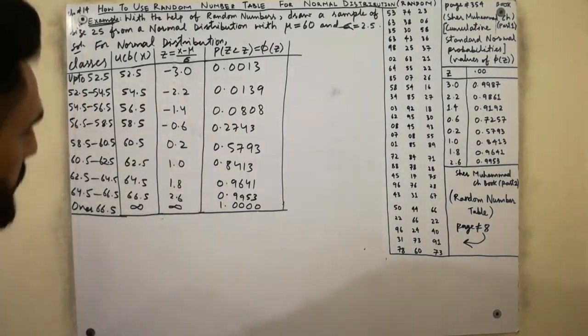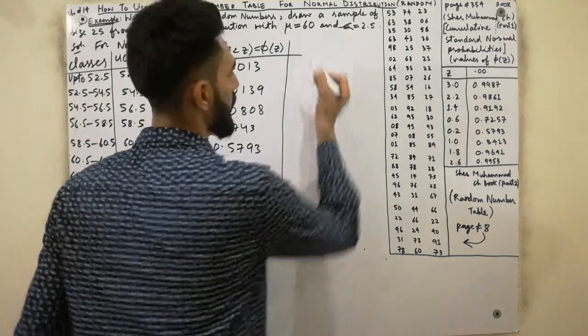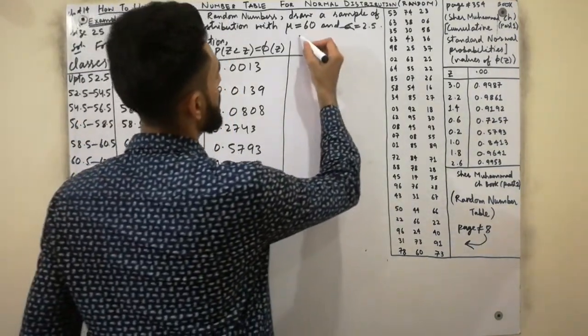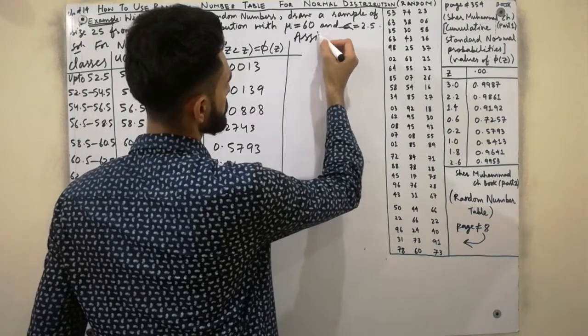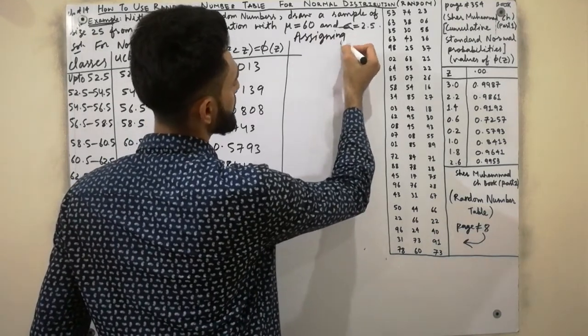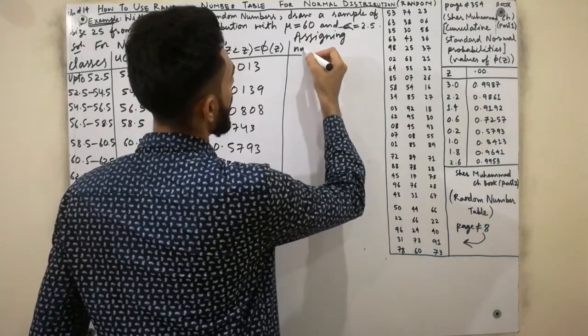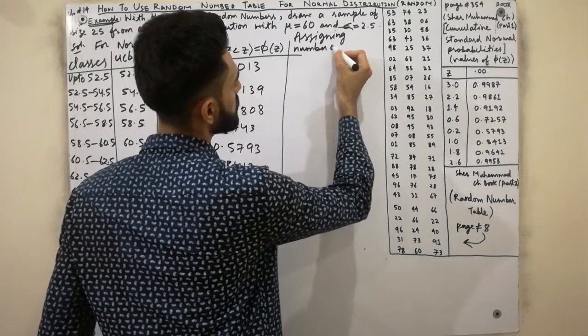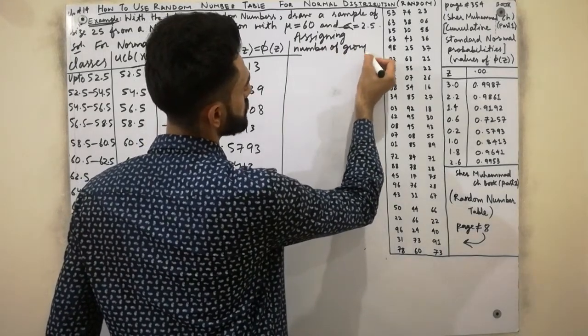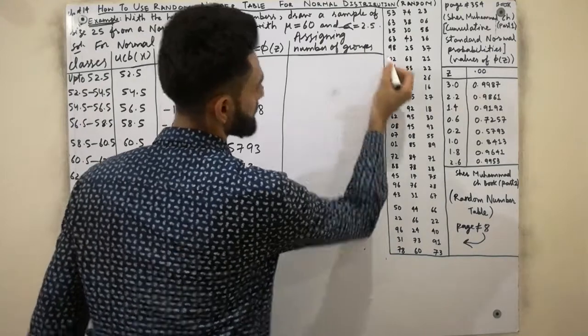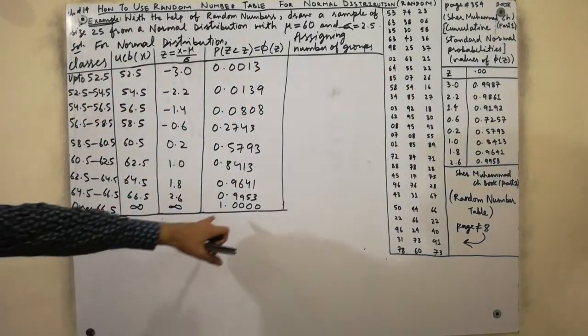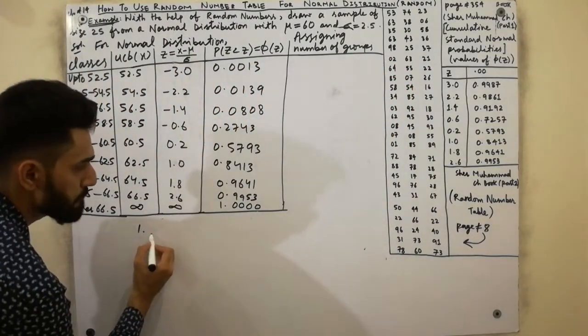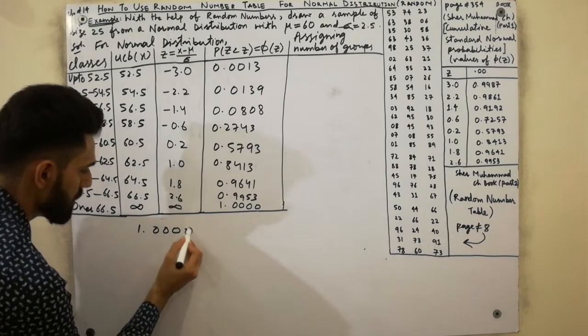Now moving to the last column, assigning numbers to groups. The next step is very simple. Here the value given is 10000.0.